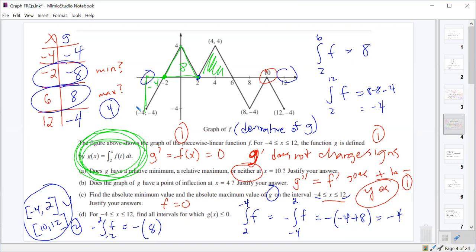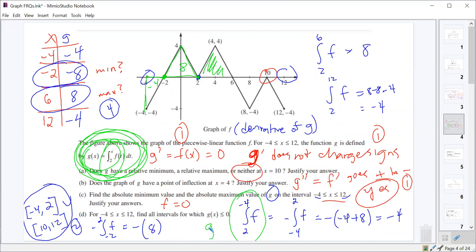It would be, but you have to keep in mind that the area from -4 to wherever you're going is not what g equals. G equals the area from 2 to wherever you're going. So g of -4, as we wrote somewhere over here, is the integral from 2 to -4 of f.